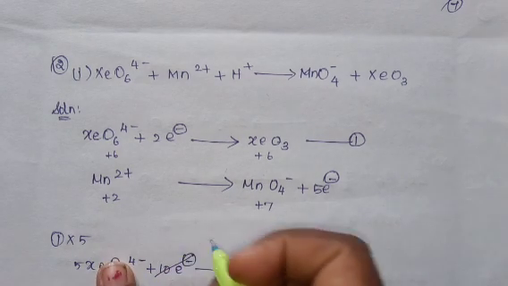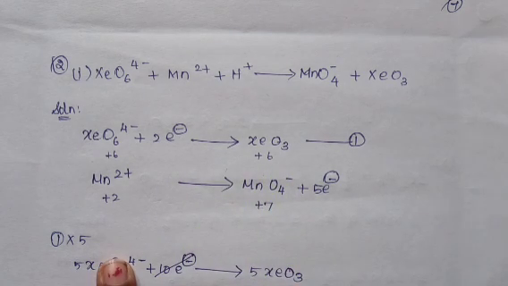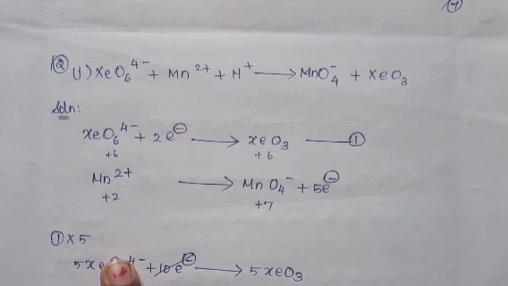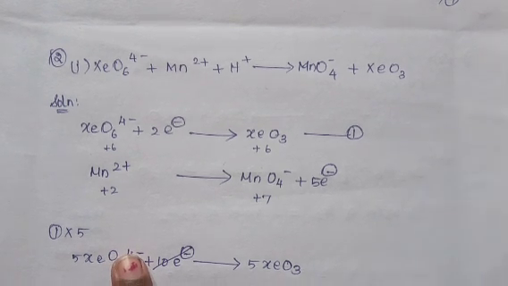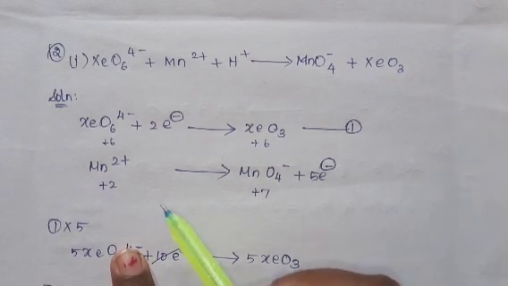So the solution for this: XeO6 4 minus plus 2e minus gives XeO3 plus 6, equation number 1.